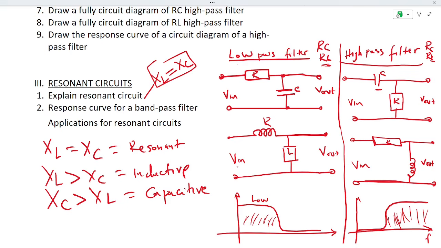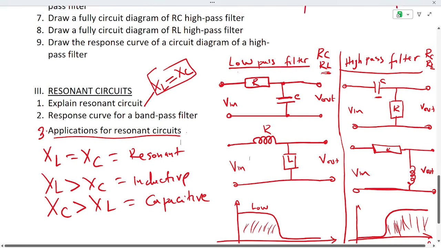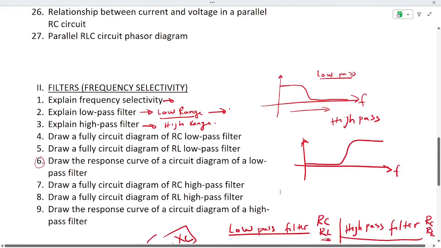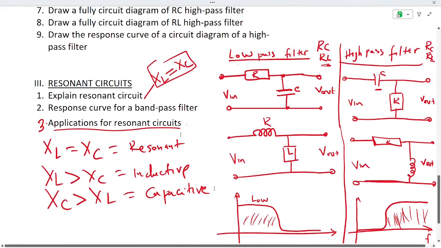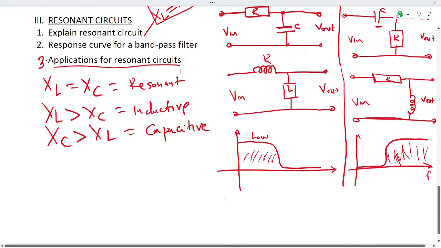And then you can study the response curve for a band pass filter, and then some applications. This is point 3, applications for resonance circuits. So you study applications of resonance circuits. In general, this is everything we need to know. You can go further and get more information, but mostly this is it.